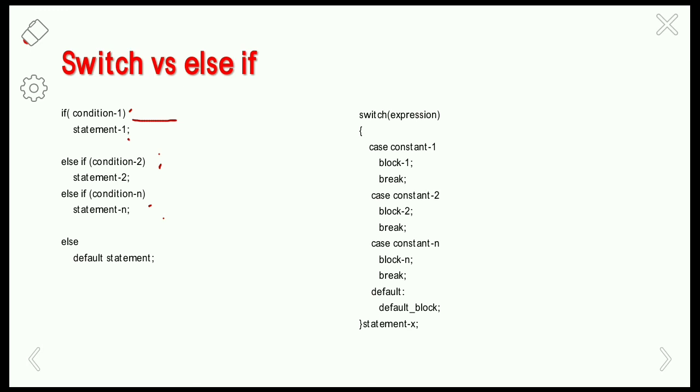If you are using more than 3 conditions in the else if ladder, then you can go to the switch statement. With two or three conditions, the execution time of the switch statement and the else if ladder will be about equal. If you are using more than 3 conditions, then you can go for the switch statement.